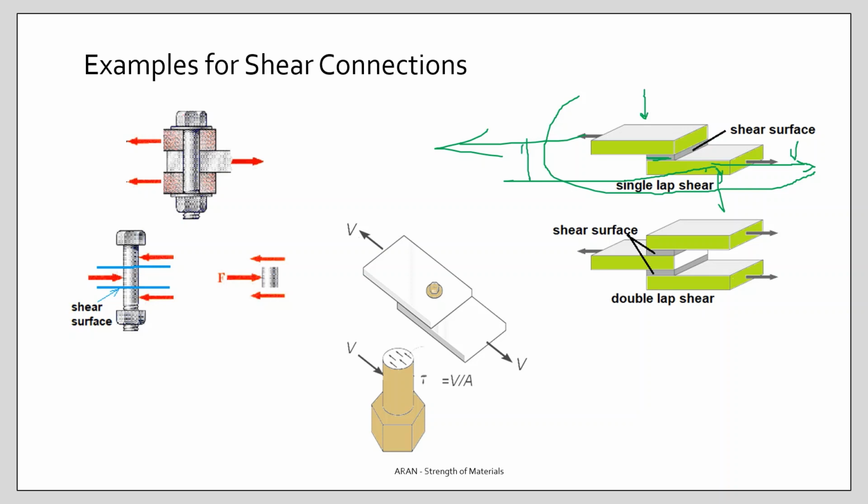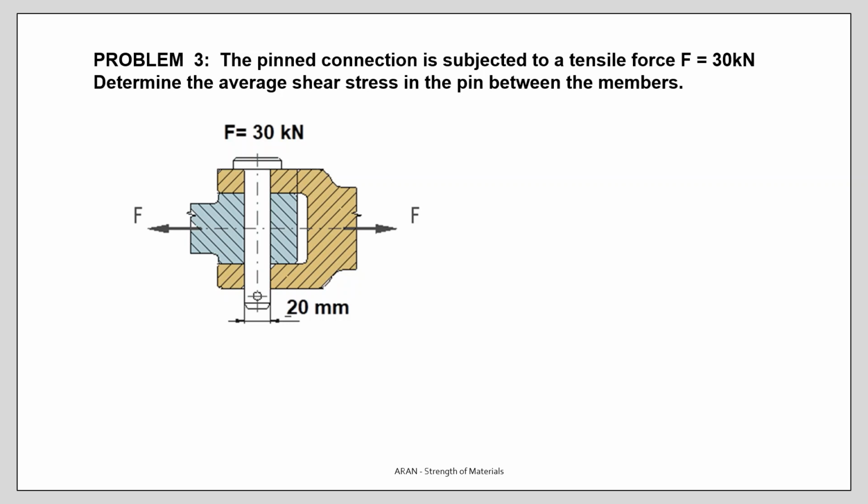There is a bending moment which is created, so this may cause some difficulties. So if you make a double lap shear, then the forces are balanced, and then you don't have any bending moment.